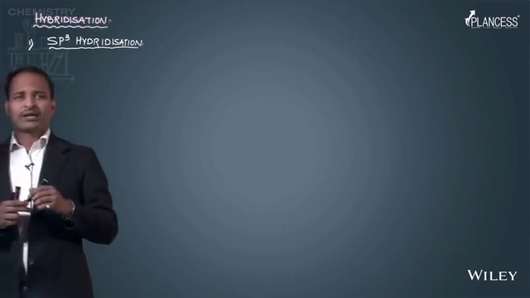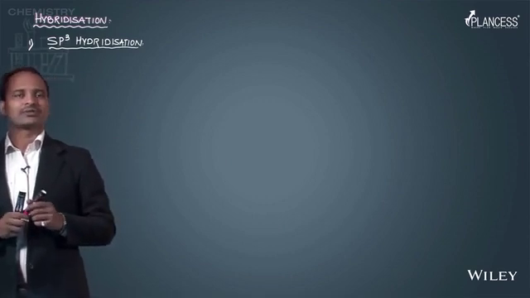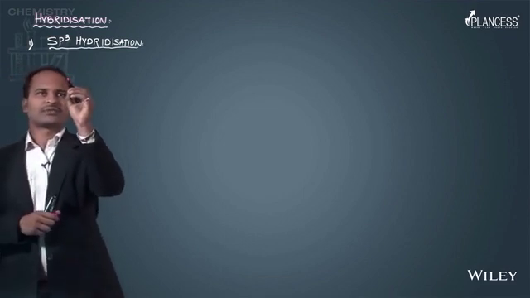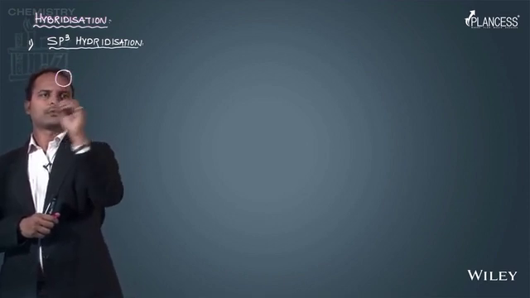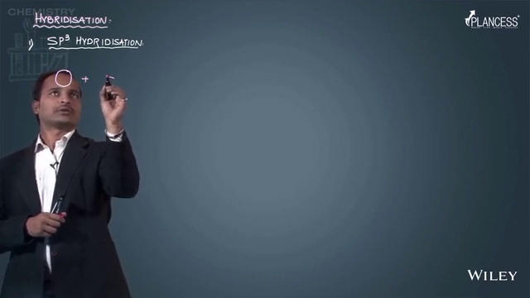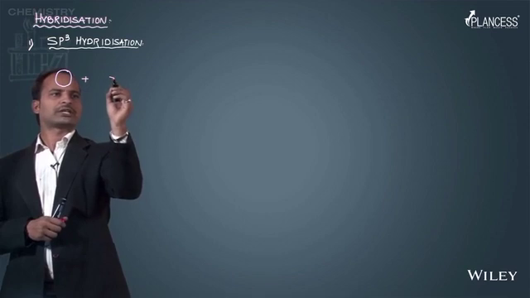So in sp3 hybridization, as the name says, 1s and 3p orbitals undergo the mixing and recasting process. So this is the 1s orbital plus 3p orbitals. 3p orbitals means px, py, and pz. All three will take part.